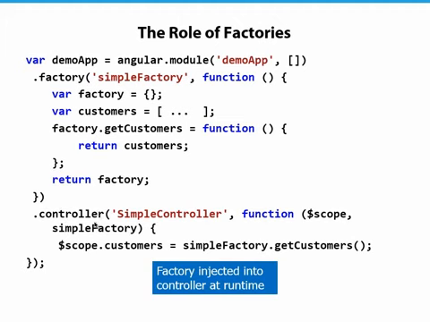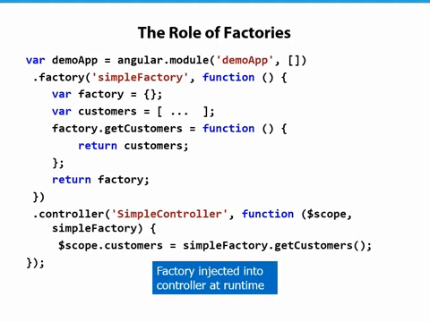If we come down to our controller here, you'll see that simple controller does our standard scope, but notice that the second parameter is simpleFactory. That little name matches up there on purpose. What AngularJS is going to do at runtime is dynamically inject this into the controller. So now I'll have access to this factory object that's returned out of this function, and now I can say factory.getCustomers.